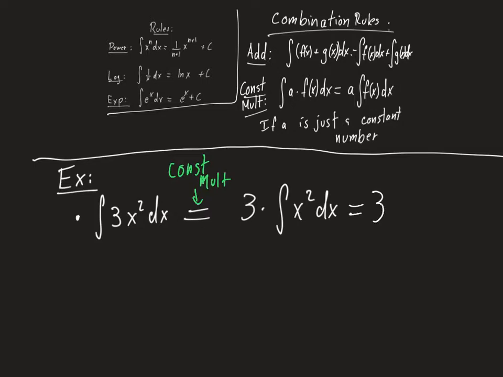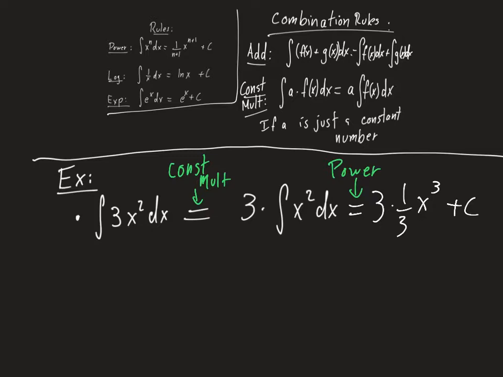So this 3 is going to stay in front, and now this is equal to 3 times x to the new power 3, divided by 3, plus c, and this is by the power rule. So this is how you'd find the integral of 3x squared. You first use the constant multiple rule to pull the 3 out, and then you're just left with the power rule, which is pretty straightforward.